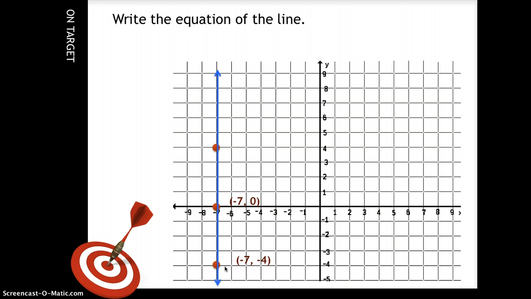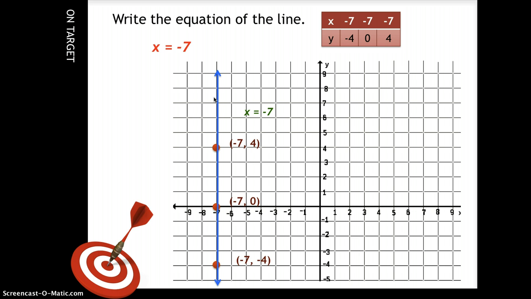And then the last point is (-7, 4). Now I'm going to put all these values in a table of values, and this is what you will see. You have the same values for x. Now the equation of this line is x = -7.